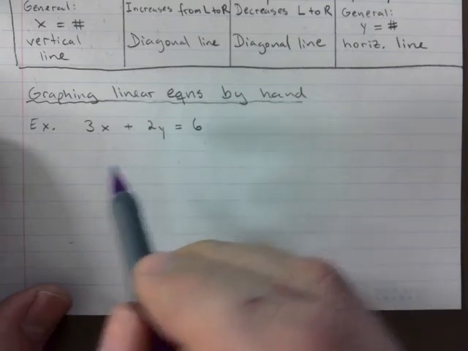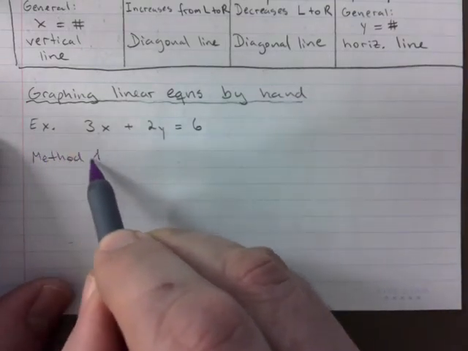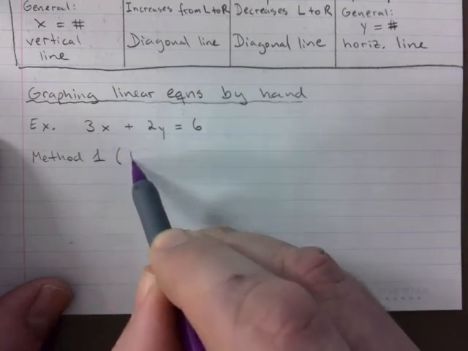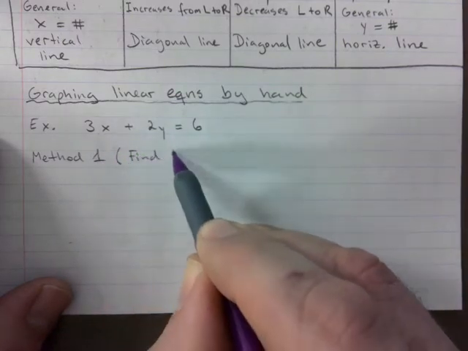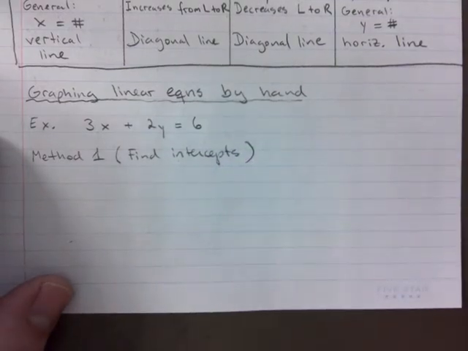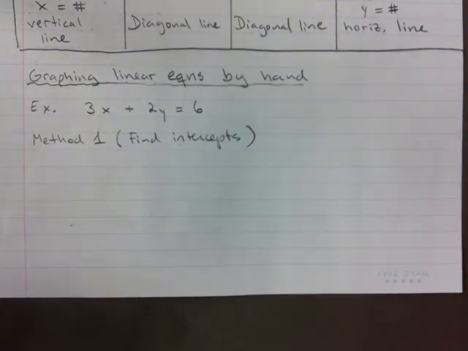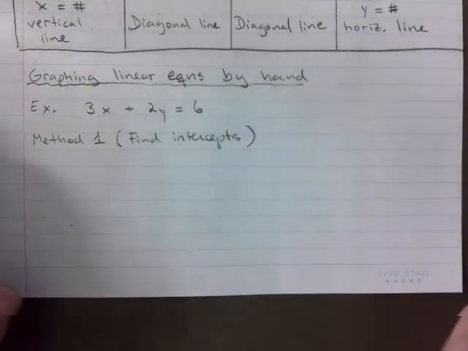So method 1, find intercepts. That's going to be my first method. Find the intercepts, x-intercept, y-intercept. And this is how I do it.